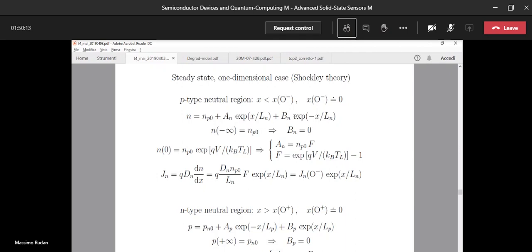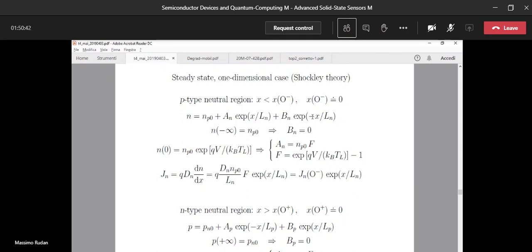How do we find the coefficients? Using the boundary conditions. So it is easy. If you take x and bring x to minus infinity, the exponential of x over Ln will go to 0, okay? The other exponential will diverge if you let x go to minus infinity, okay?